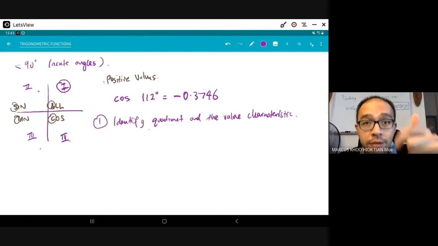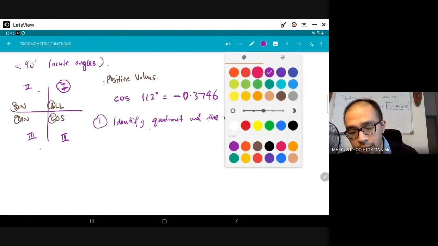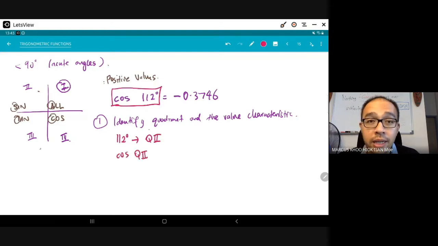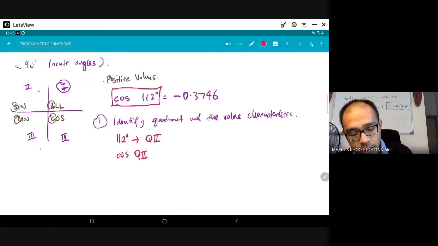Is it positive or is it negative? So in our case over here, cos 112 degrees is in the second quadrant. Cos in the second quadrant has a negative value. So it is a negative value.